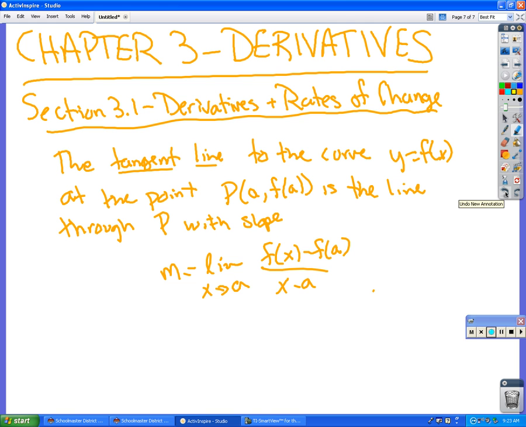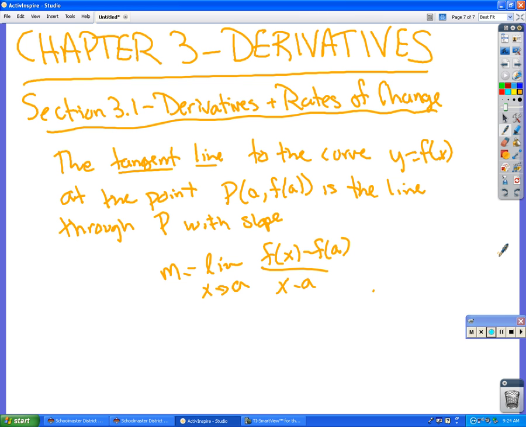The point is P, and the x-coordinate is a, and the y-coordinate is what you get when you put a into our function. So this is just a fancy way of saying the point x comma y. It's calculus, that's how we roll.